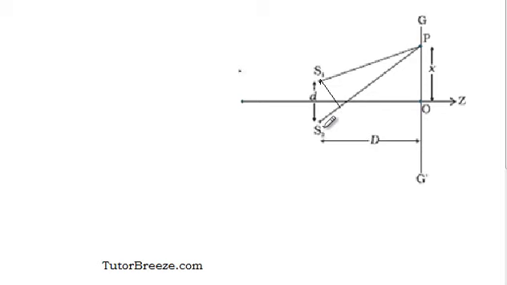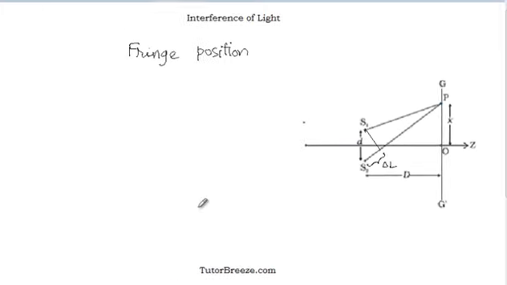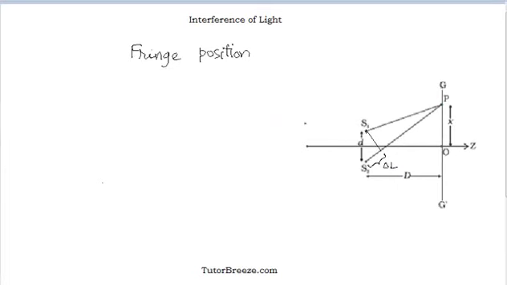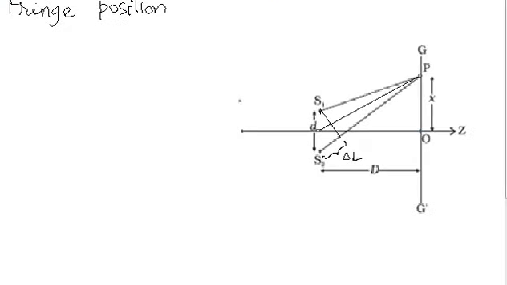This is delta L, the path length difference. Now say we have this point on the screen where the angle made with the center is theta. So this angle over here is theta.